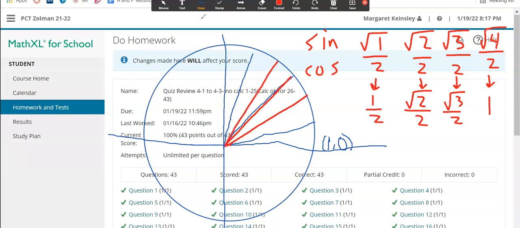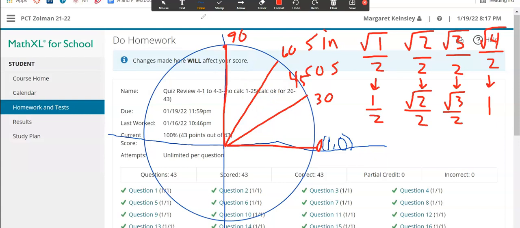Right, but we've got 30, 45, and 60. Don't they kind of have to be huddled a little bit closer in the middle there? Because this is 0 to 30, and that's 60 to 90. Right? Yeah. So the 30, 60, 90 have to be kind of evenly spaced out with 45 running right down the middle. Now there's a reason why it seems like I'm being picky about that.